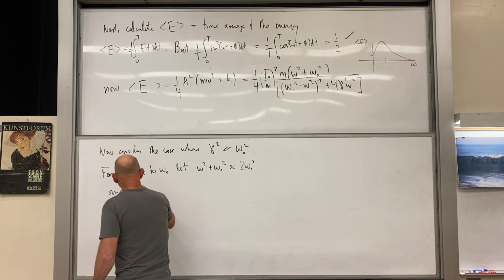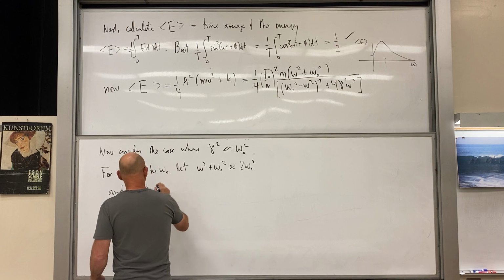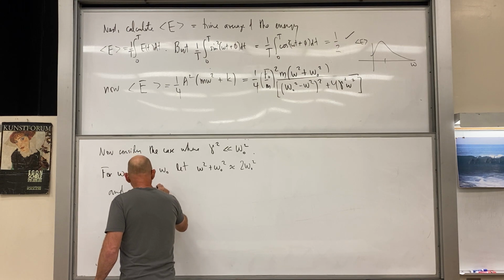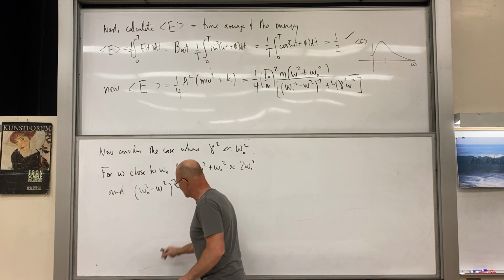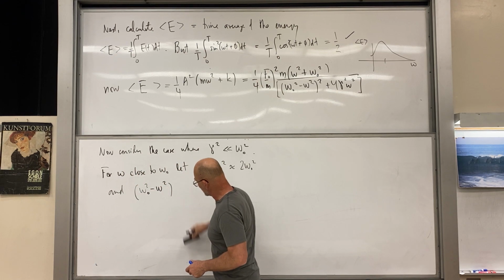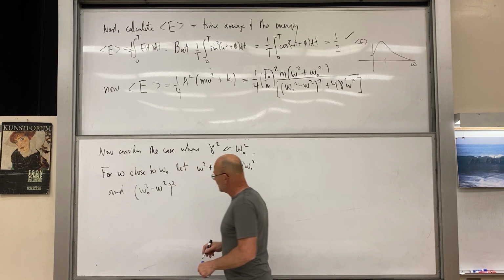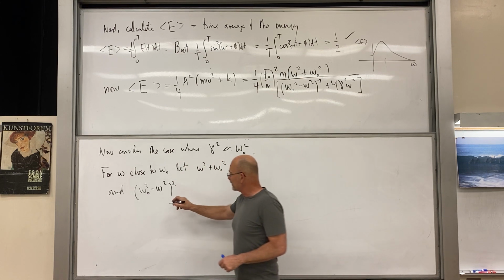this omega naught squared minus omega squared, squared, is going to be, this is an interesting one.